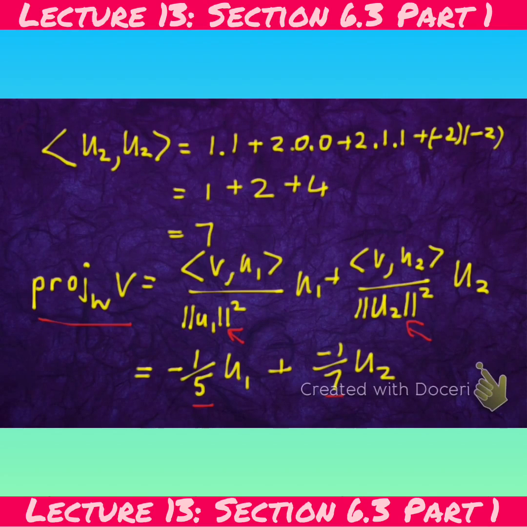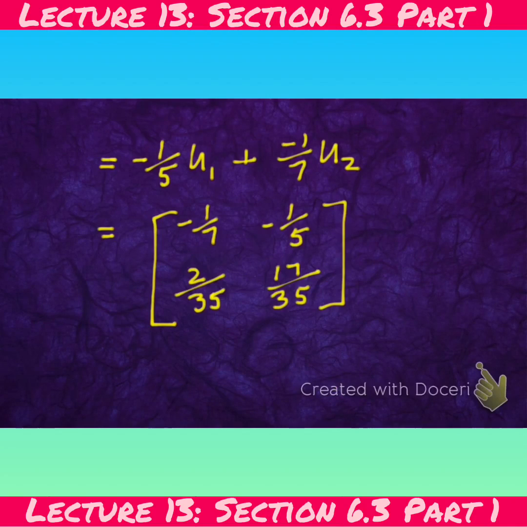And so we've got our new projection vector. We can just write that down and simplify. Basically this projection vector is that 2 by 2 matrix.